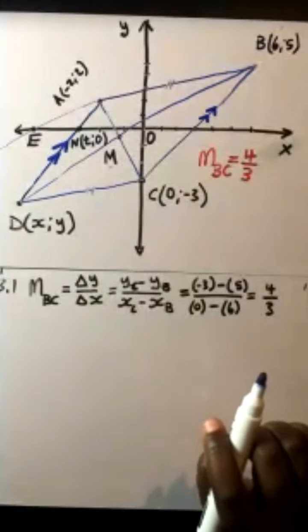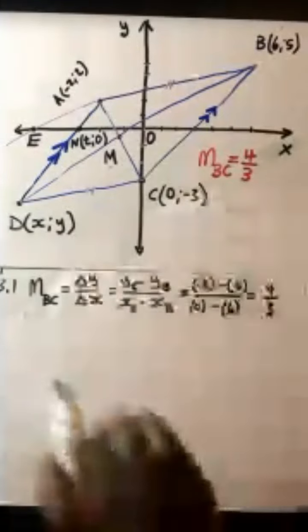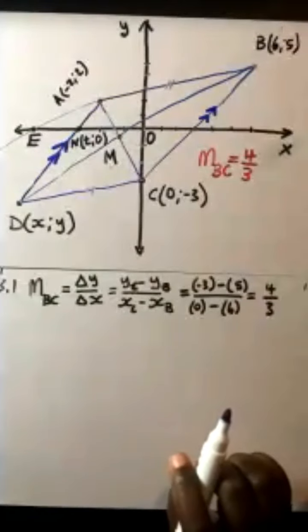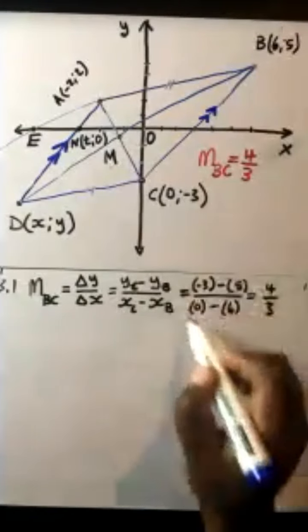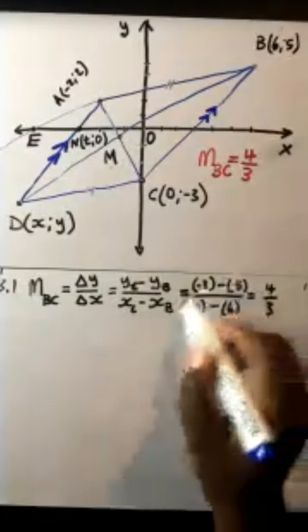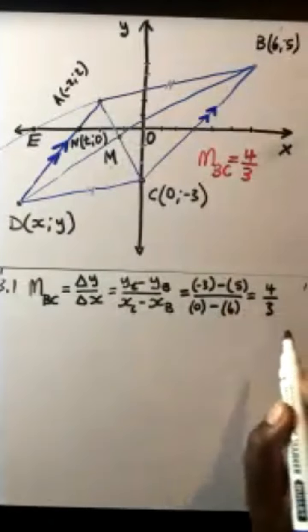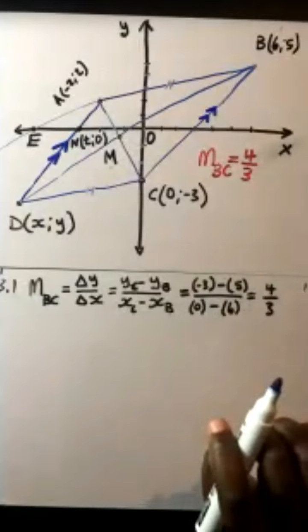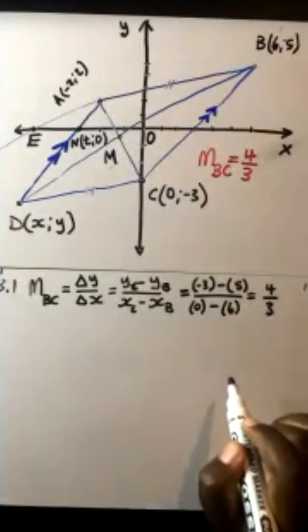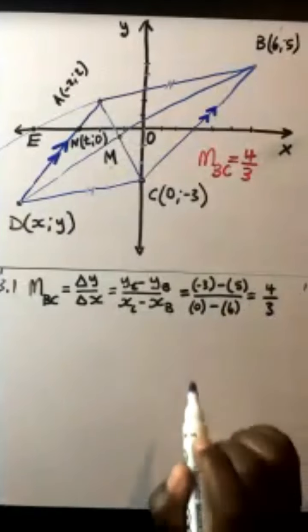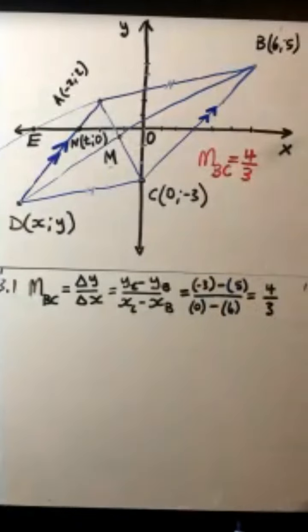Just imagine you are in an exam, you are left with 3 minutes and you have to do this question very quickly. There's no time to recalculate. You know you're expecting a positive answer, so whatever positive answer you get, you just continue with that calculation. Otherwise, if you get a negative answer and you don't correct it, every calculation based on it is going to be wrong, ladies and gentlemen.